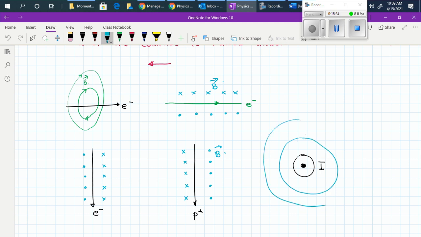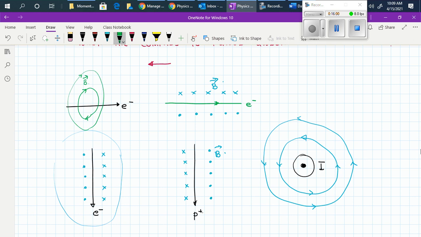So if you place the compass here, then on the right, north will be into the page, and on the left will be out of the page.